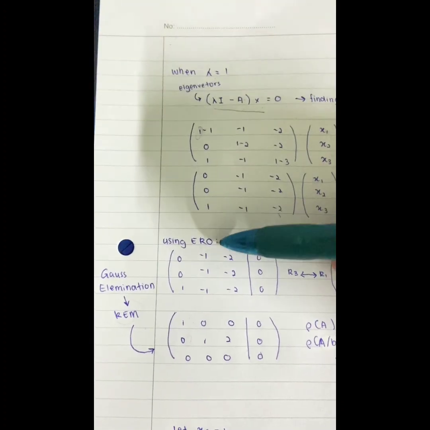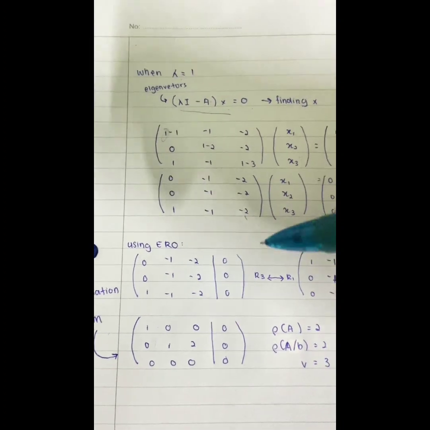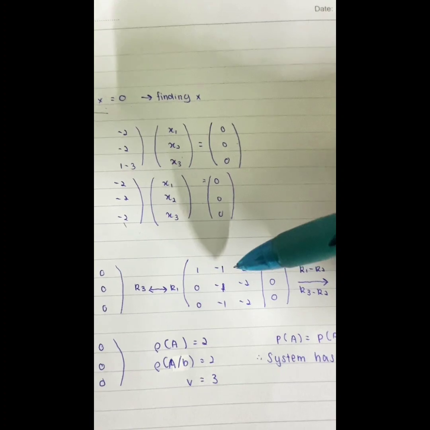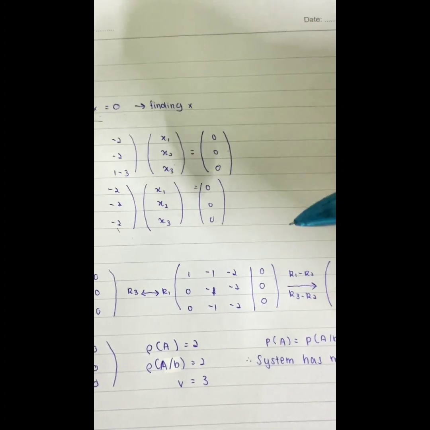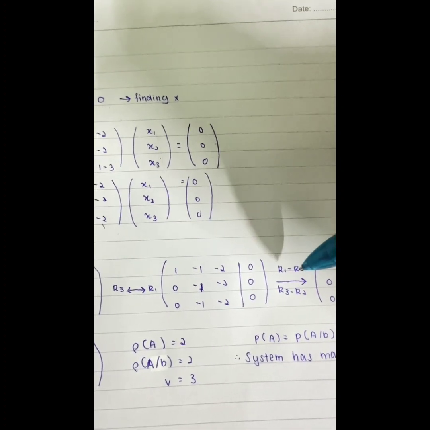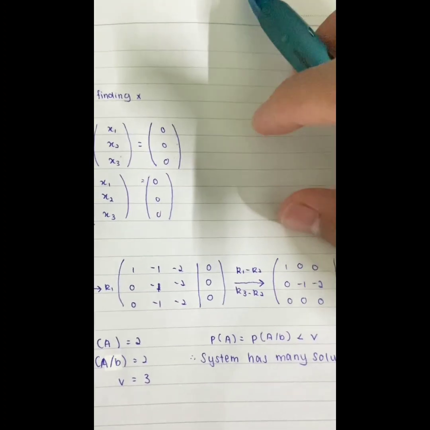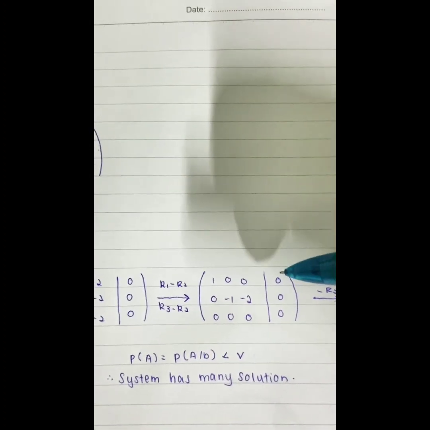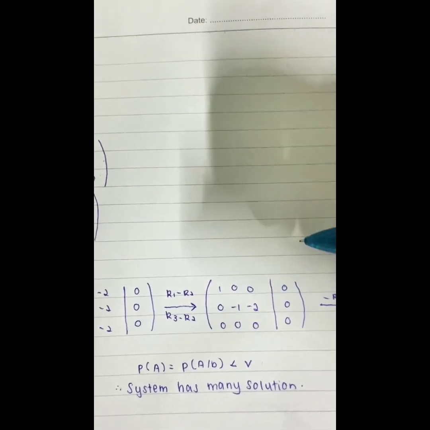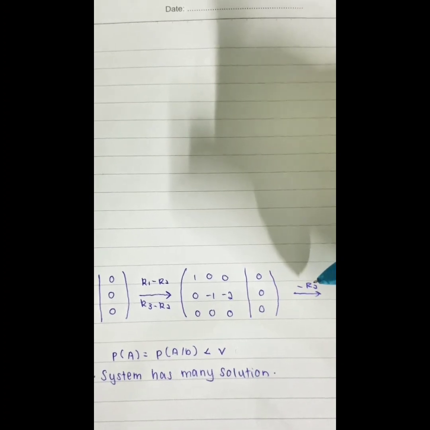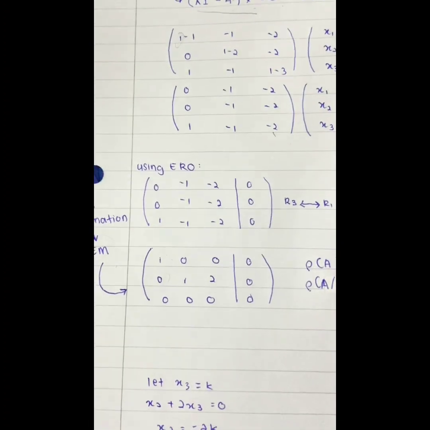Using the ERO, the first step is we swap row 3 and row 1, and we get this. Then row 1 minus row 2 and row 3 minus row 2, and we get this. The final step is we multiply negative 1 times row 2 and we get this.